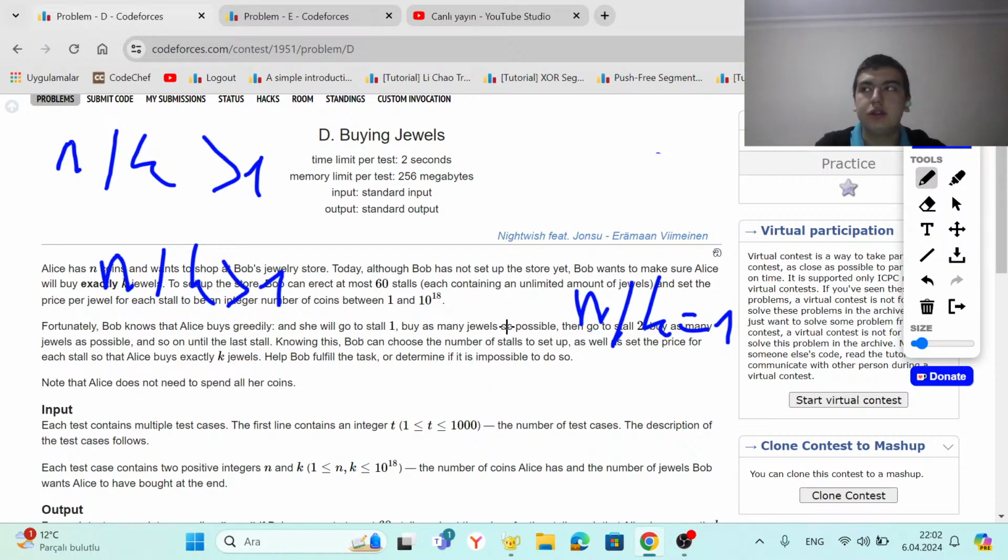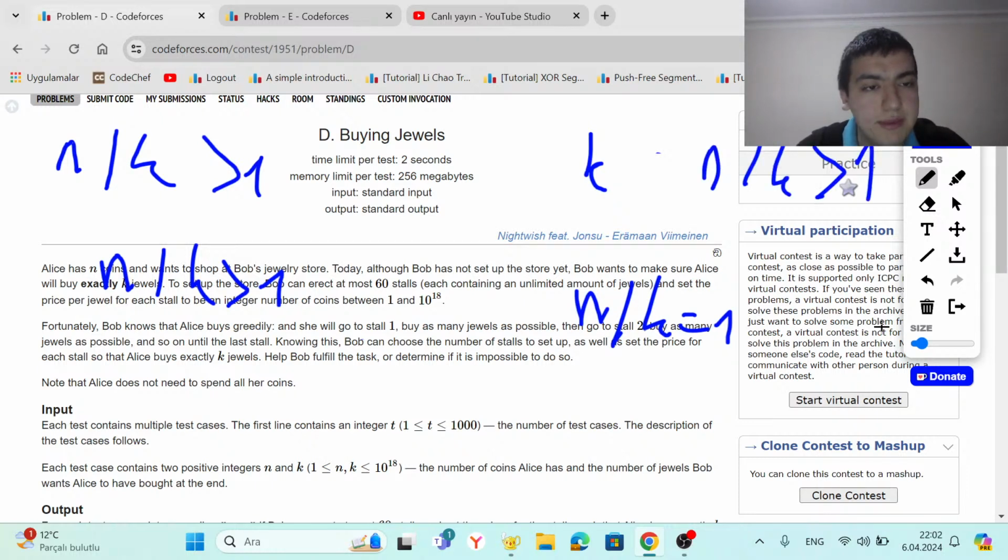When this condition holds, n divided by k is equal to 1, so our strategies are limited because we cannot put anything that we want. In this case, k is too big, because if k were small, n divided by k could be greater than 1.